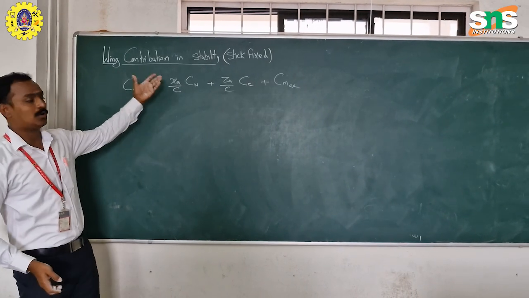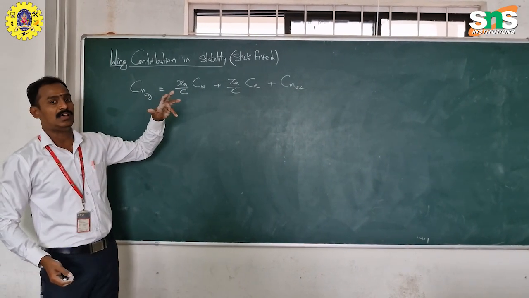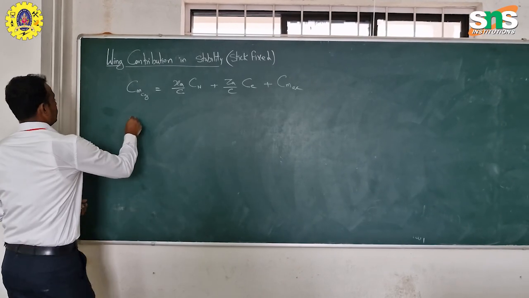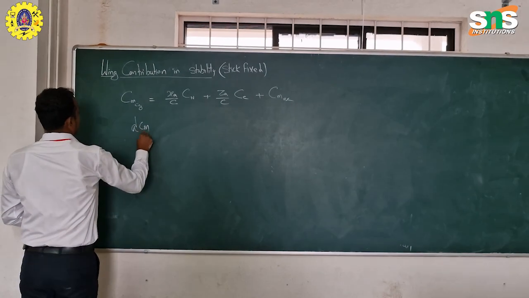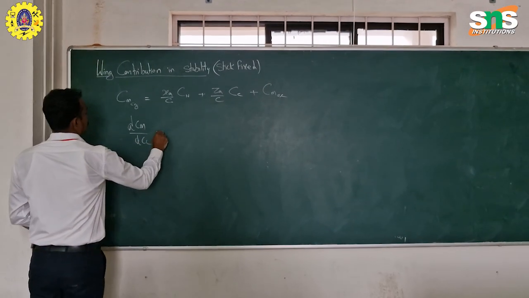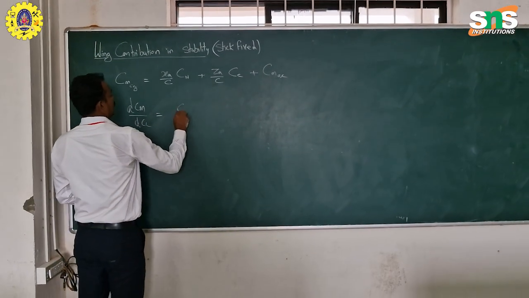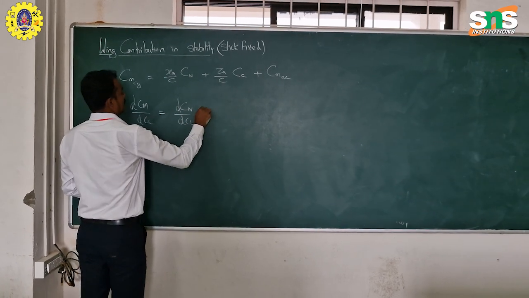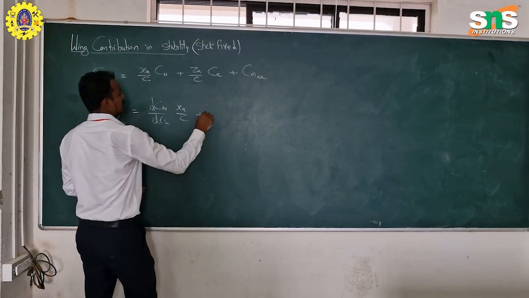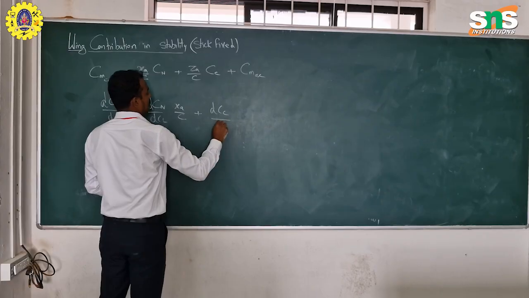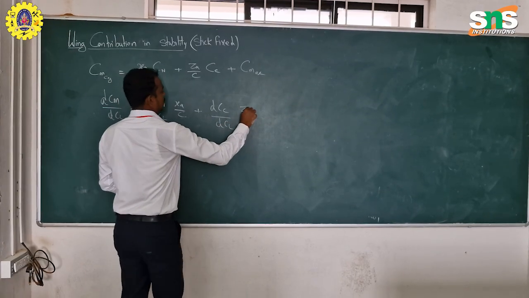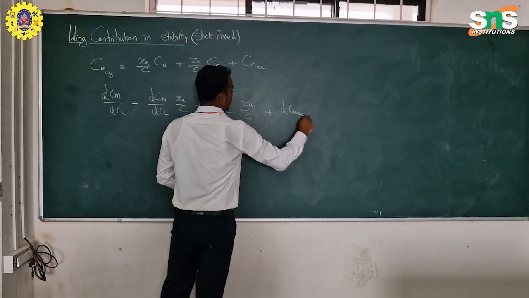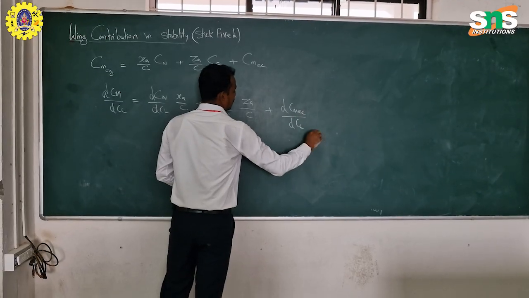Now we are going to get the stability conditions for the wing alone condition. If you take the rate of change of dCm by dCl with respect to the lift coefficient, we get dCn by dCl into XCA by C, plus dCc by dCl into ZA by C, plus dCm aerodynamic center by dCl.